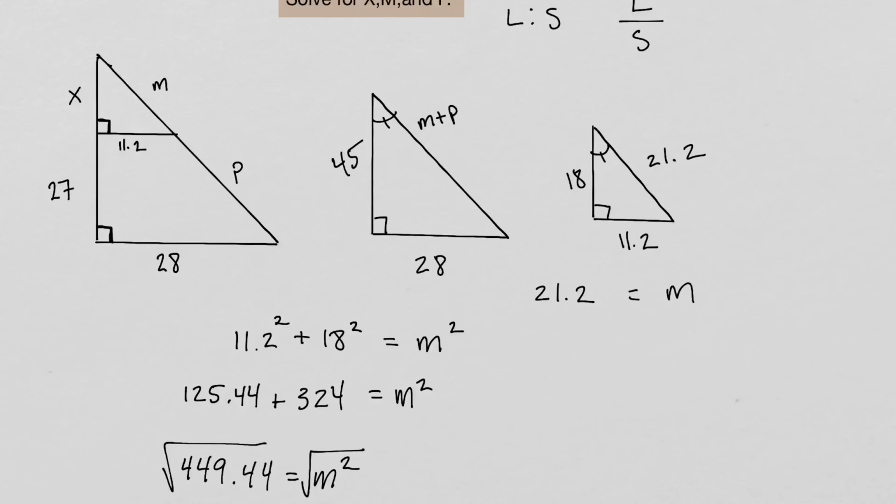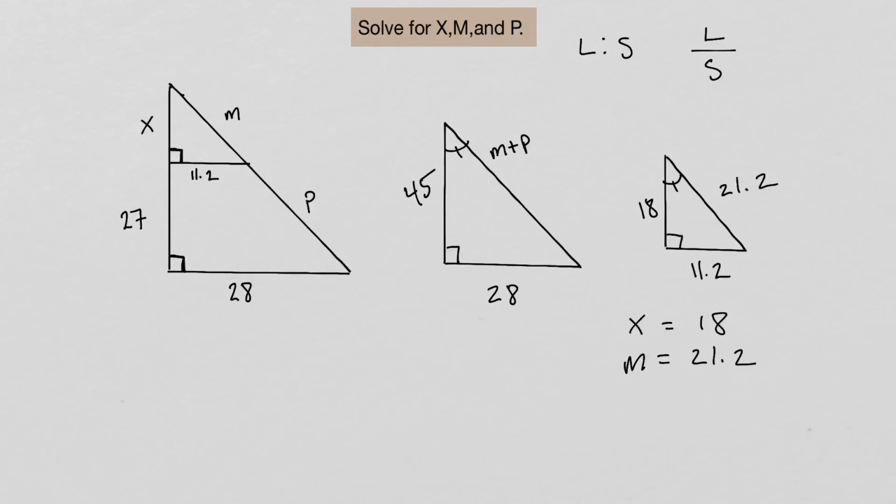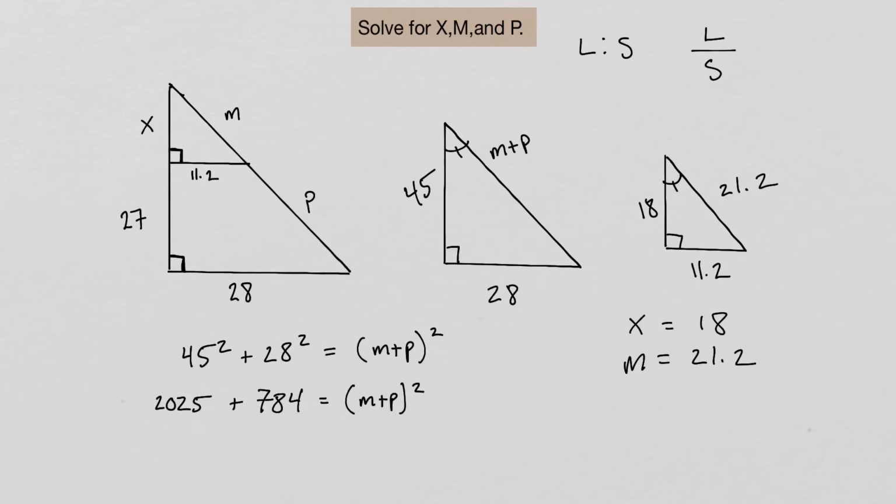The last variable we have to find is this variable p. Using Pythagoras theorem, 45 squared plus 28 squared equals m plus p squared. So we get 2,809 equals m plus p squared. Taking the square root of both sides, we get 53 equals m plus p.